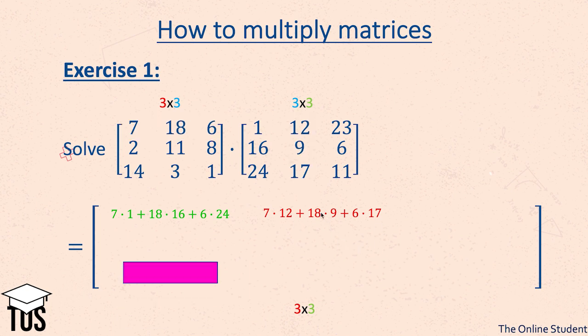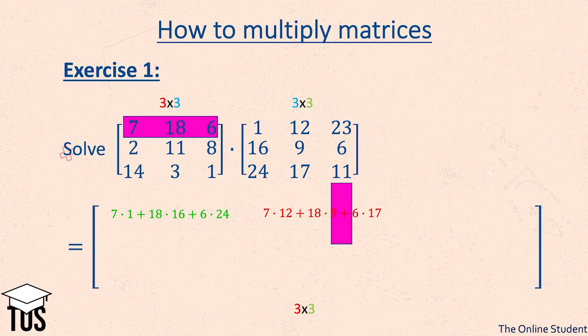Okay, the other combination of the first row now with the third column will be 7 multiplied by 23 plus 18 multiplied by 6 plus 6 multiplied by 11. Because we have taken the first row and the third column, in the resulting matrix, this element will go in the first row, but now the third column.